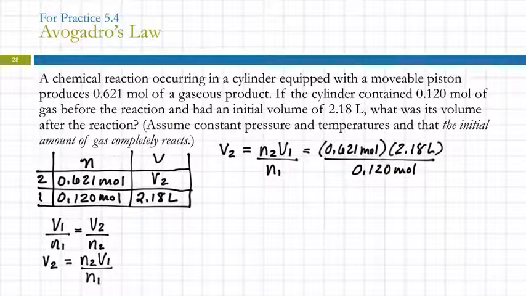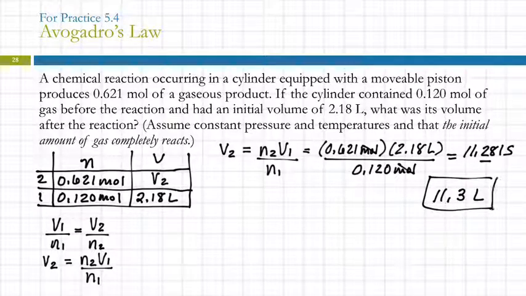So look at the units, moles and moles. Those are going to cancel. So 0.621 times 2.18 divided by 0.12. So my calculator is telling me all of my numbers had 3 significant figures. So the volume is 11.3 liters.